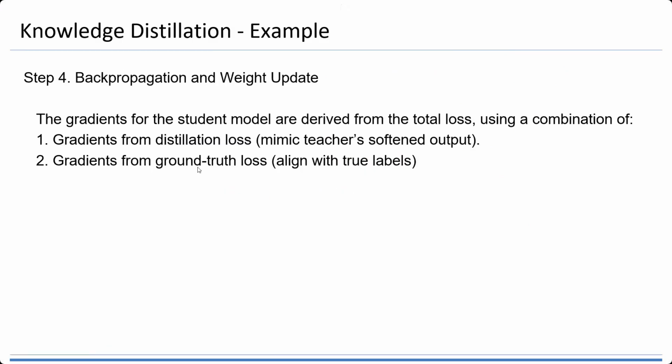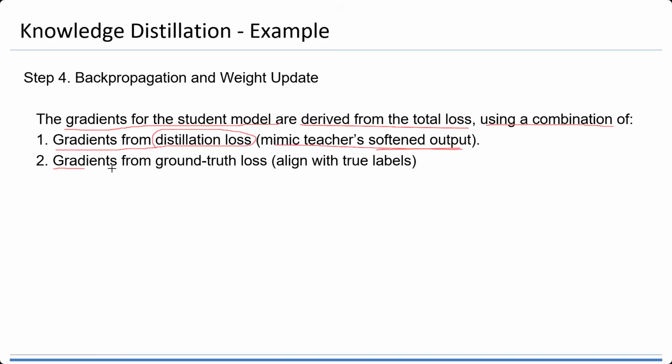Now that we know the loss, we can do the backpropagation. The backpropagation, or the weight update, means we will check the gradient. The gradient for the student model is derived from the total loss. And we are using the combination of the gradient from the distillation loss, which is from the teacher and student after we soften the output.